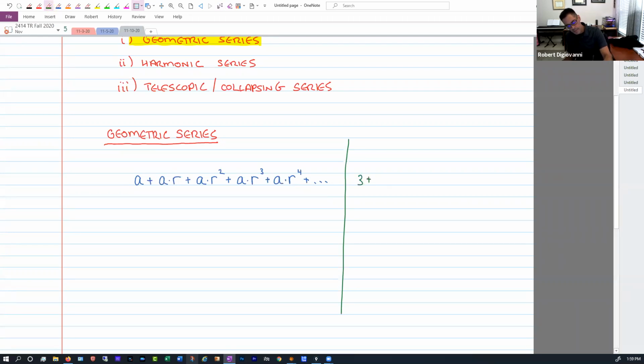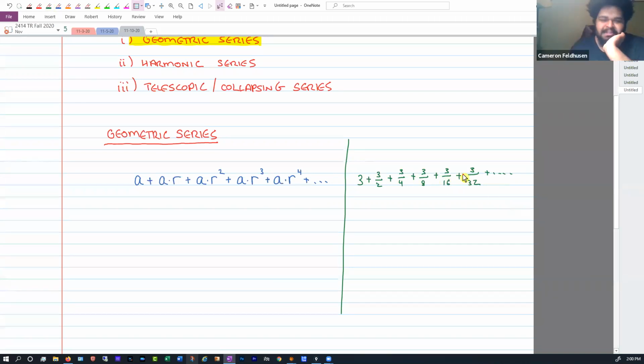3 plus 3 halves plus 3 fourths plus 3 eighths plus 3 sixteenths plus 3 thirty-seconds plus ... Now, why is that a geometric series? What do they all have in common? Multiplication by half.